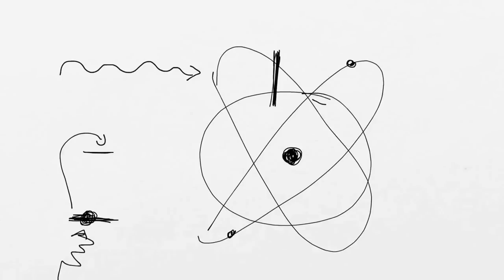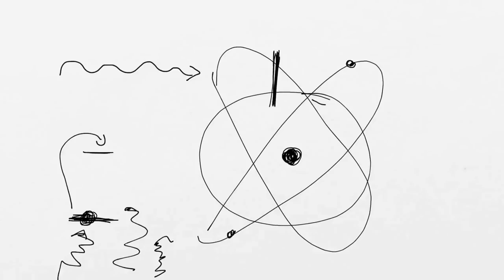Now, if I have different energies, and I symbolize it like that, if I have different energies, there is certainly one energy that is right to move the electron. But what would happen if my energies of the light are all the same?